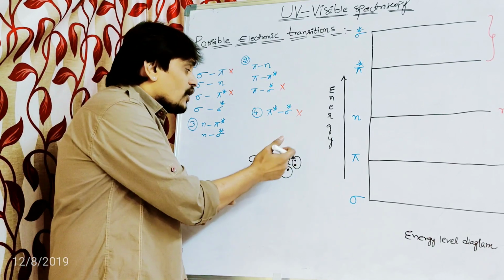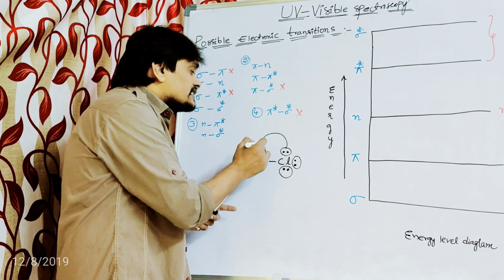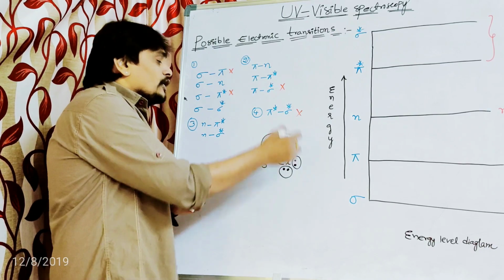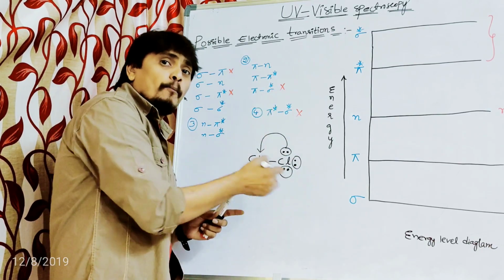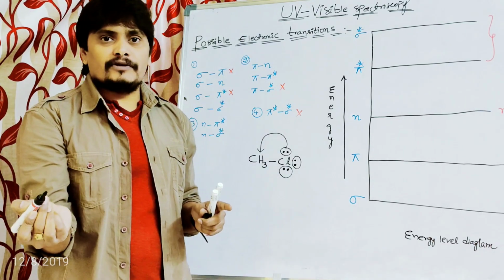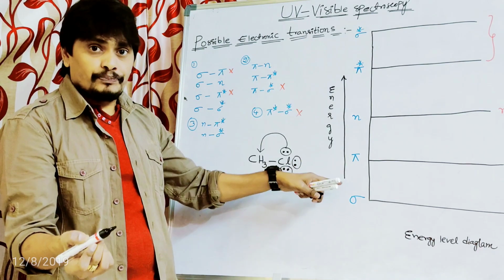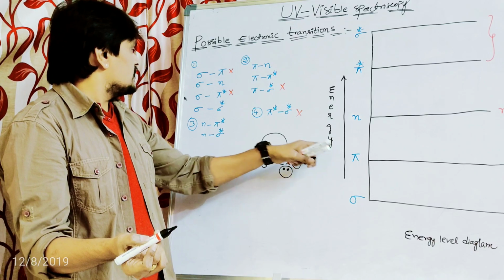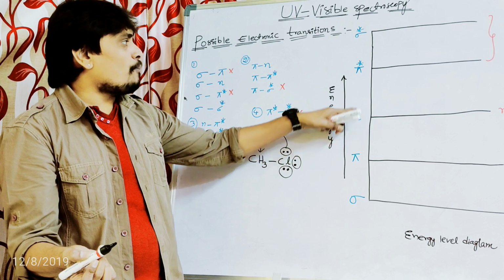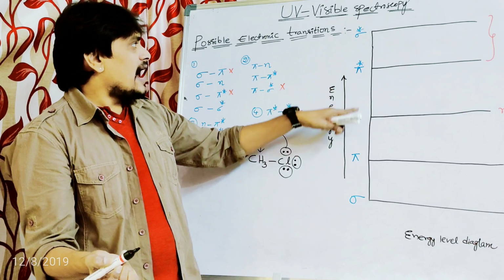Now the transfer of electrons takes place from the non-bonding molecular orbital to sigma, because this is saturated. So non-bonding to sigma or non-bonding to pi might be considered, but n to sigma is not possible because it is below, and n to pi is also not possible because it is below. So accordingly we can say that n to pi star is possible, and n to sigma star.